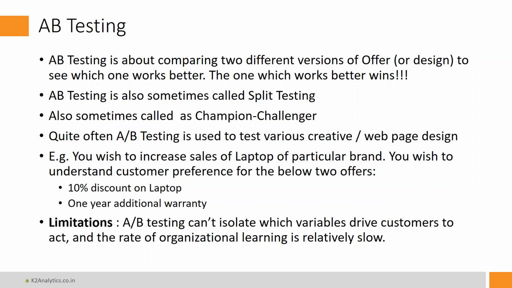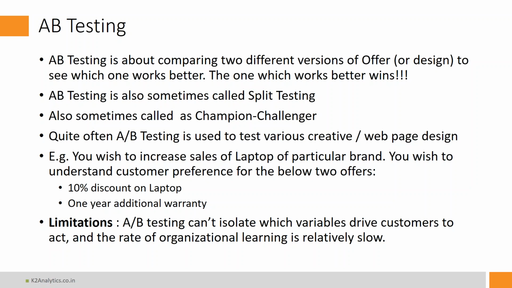A/B testing is also sometimes called champion challenger, where one is a champion, the other becomes a challenger. Say I already have a predictive model, and tomorrow someone else comes up with more domain knowledge and says, hey, I can do better than your model, and he builds another model.